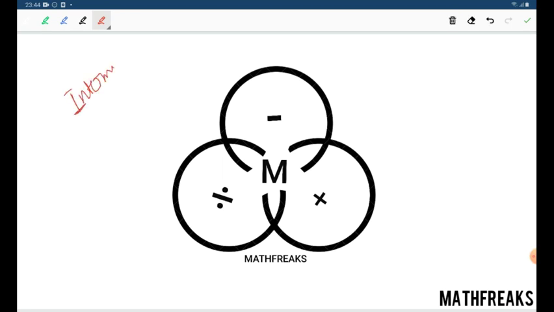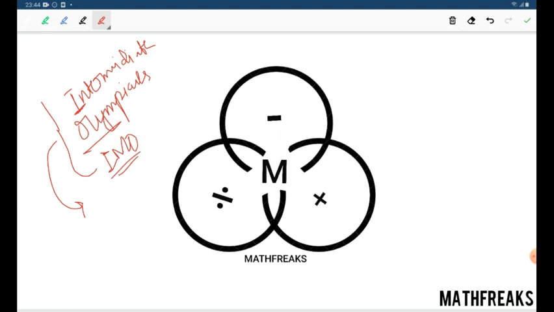This is an important topic starting from intermediate Olympiads, up to the International Mathematics Olympiad, and in between all the other stages, national Olympiads, regional Olympiads.